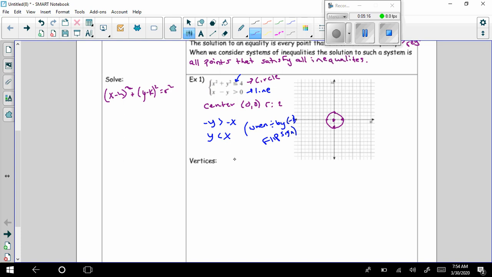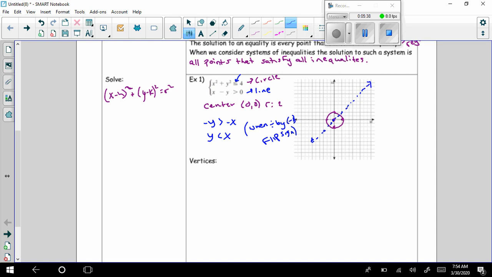And then this is a dashed line starting at 0, 0 and going up 1 over 1, or down 1, left 1. And so I can graph this line here.